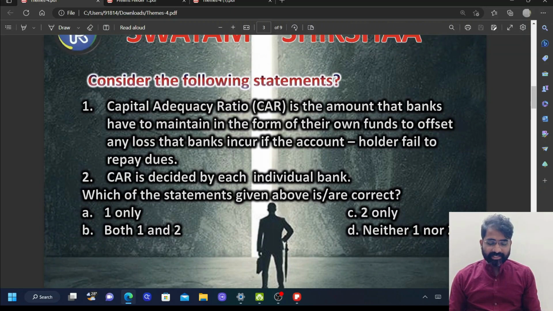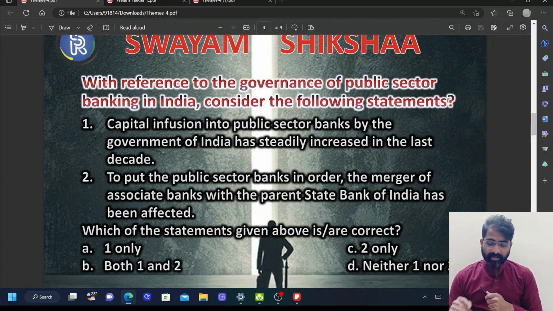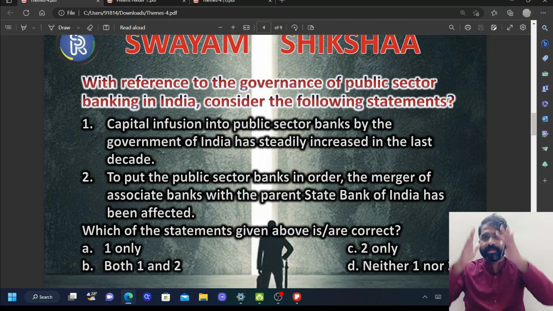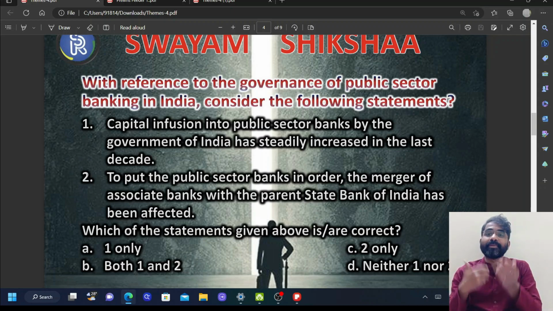Then there was one question about capital adequacy ratio, and how it is important for the banking system. And then with respect to capital infusion into banks. All these three we can put into one category, that is capital infusion. Why is there a need for capital infusion? Why should government infuse capital?